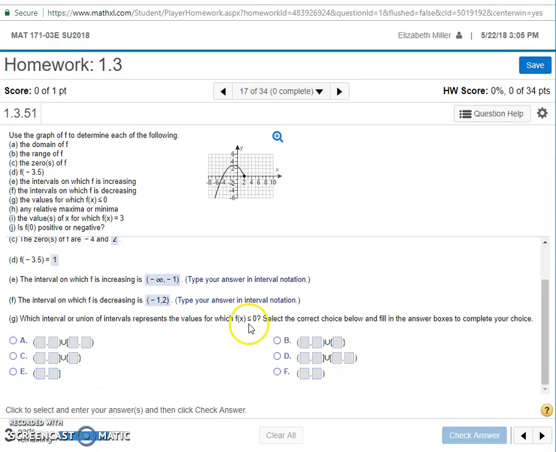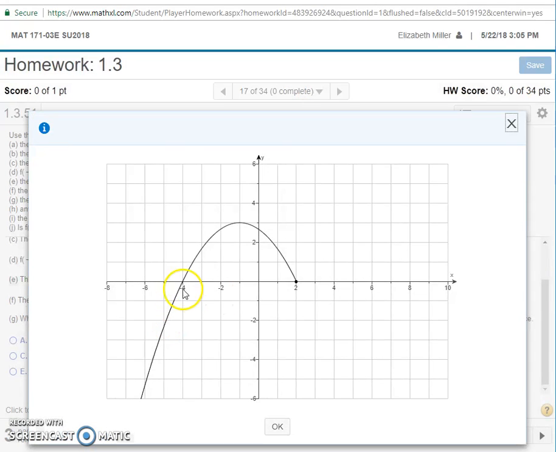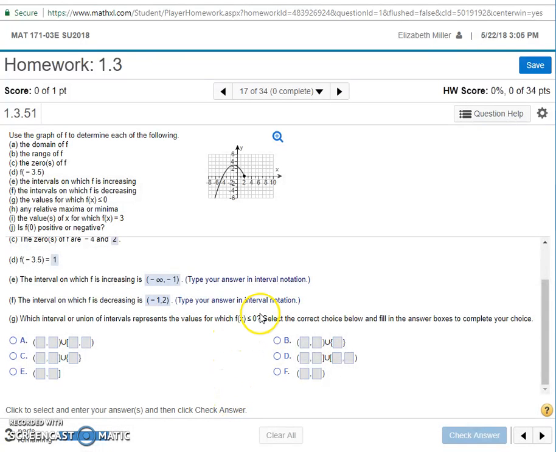Now, the key to this is the fact that this says less than or equal to 0. That means we are going to include this point. We are including this point where it equals 0. If this had just said less than 0, then we would use F because we wouldn't include the endpoint. But because it says less than or equal to 0, we are going to include that endpoint.